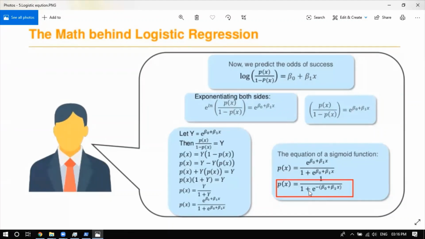You can do the math, I trust you can. So 1 by e to the power something, we take the denominator to the numerator and put a minus sign on the power. So e to the power minus of beta naught plus beta 1 x.